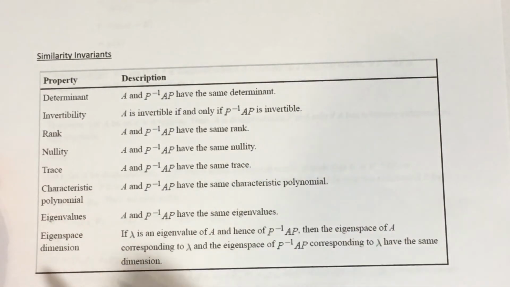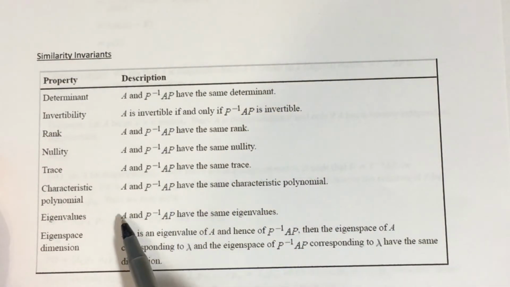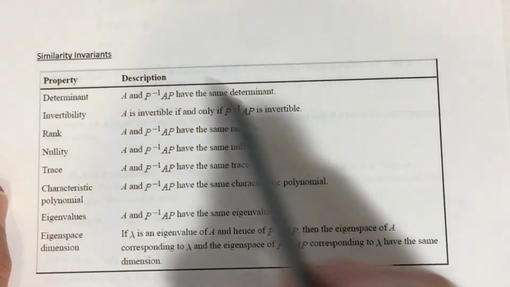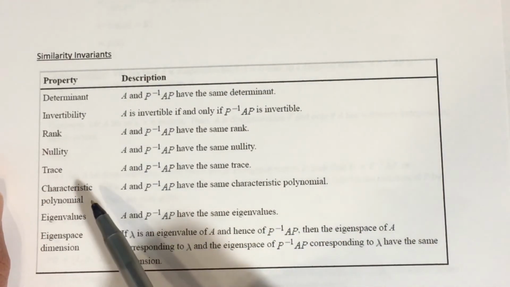For example, if you're trying to find the eigenvalues of a diagonal matrix, we know that it's just the diagonal entries of that matrix. But if A is similar to a diagonal matrix, then we can find that diagonal matrix and read off its diagonal entries. Those will also be the eigenvalues of A. It makes finding those eigenvalues simpler, and we get all of these other properties for free as well, which are really easy to determine for diagonal matrices.